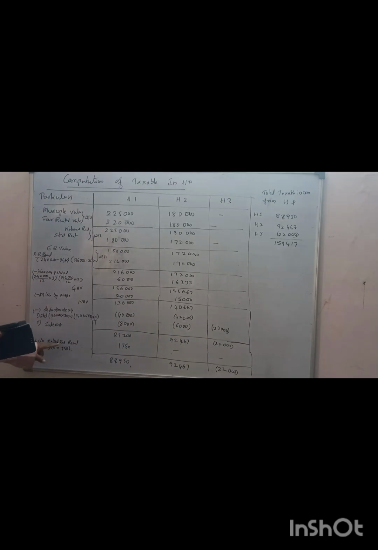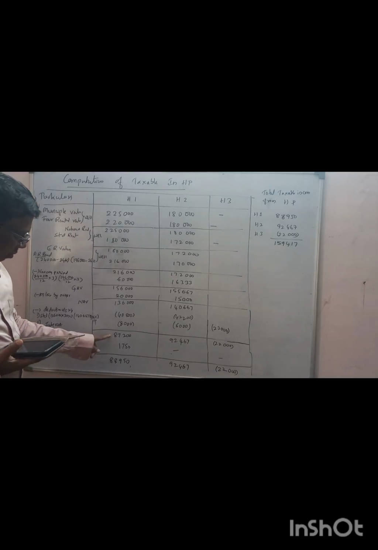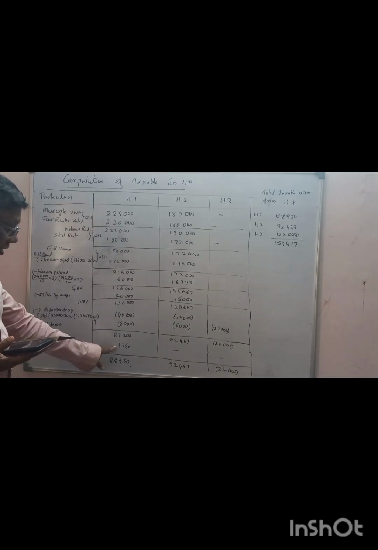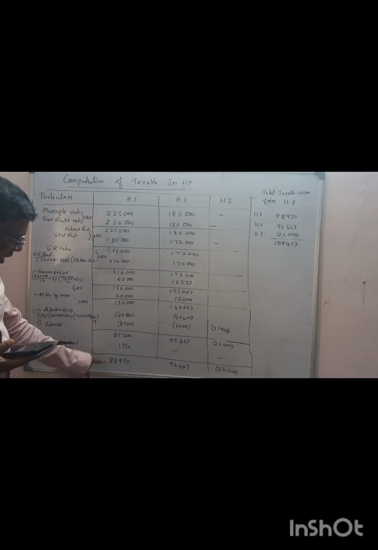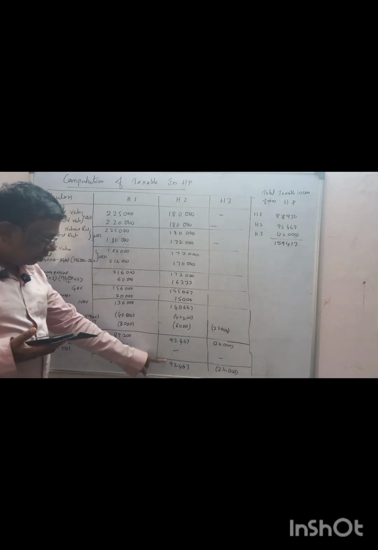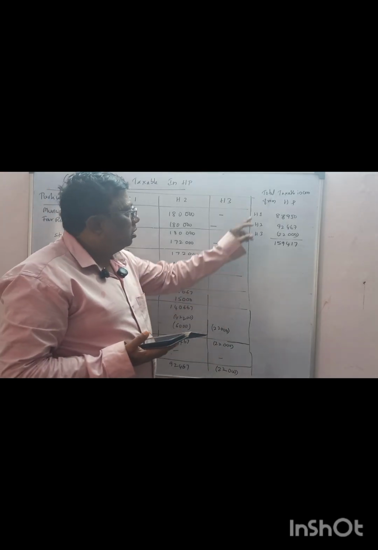So add unrealized rent. In the previous year we received some unrealized rent, 2,500. On that, 30% deduction means 750. 2,500 minus 750 gives 1,750. This is income we received last year. So if we add, 88,950 stays the same.